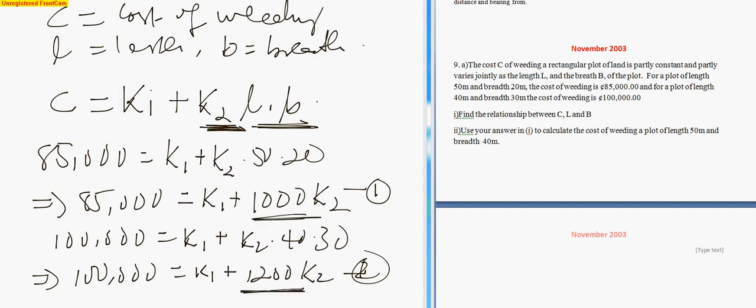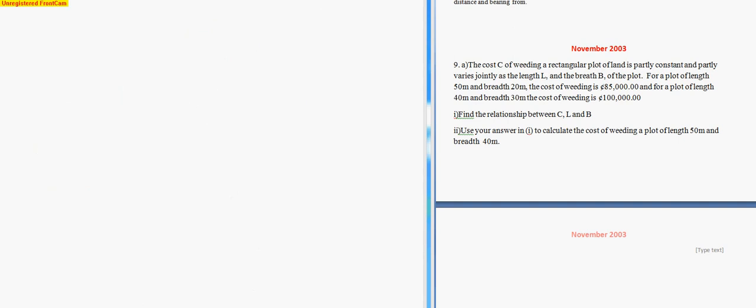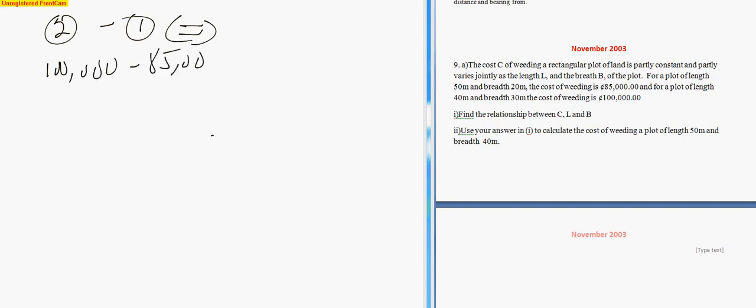So equation 2 minus equation 1 is equivalent to 100,000 minus 85,000 equals 1,200 K2 minus 1,000 K2 plus K1 minus K1.